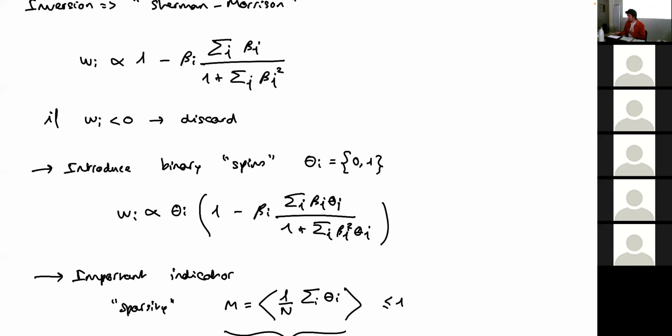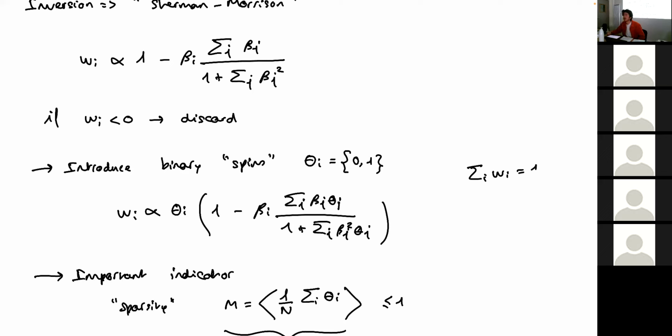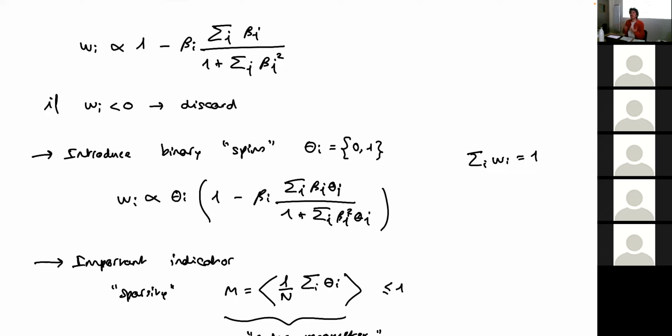And then you recompute. Because I also implicitly took, and I should have been more clear, that the sum of WIs is equal to 1. So when you're excluding stuff, it completely reshuffles the solution for the rest. In this sense, it's very interacting, and so the spins represent the interaction in that sense.